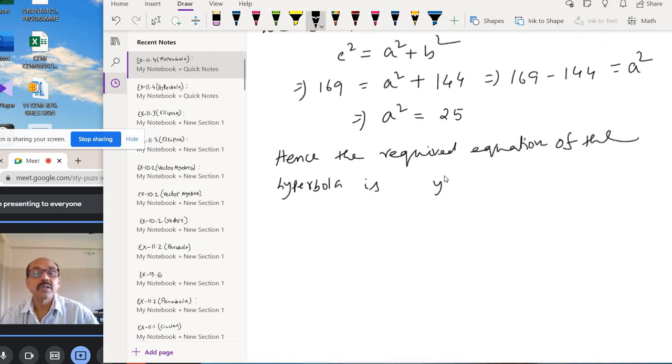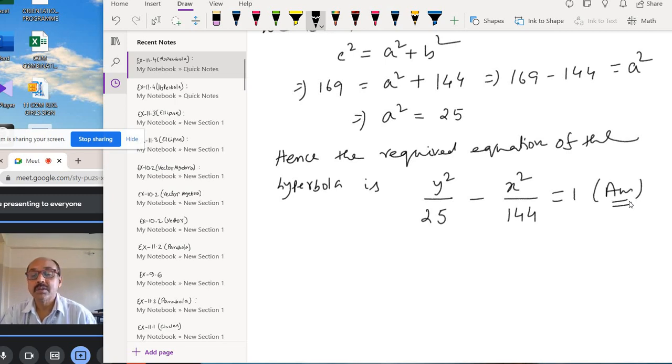So y square by a square, a square is 25, minus x square by b square, b square is 144, equal to 1. Okay, this is the answer. This is the required hyperbola. Okay, clear? Yes, sir.